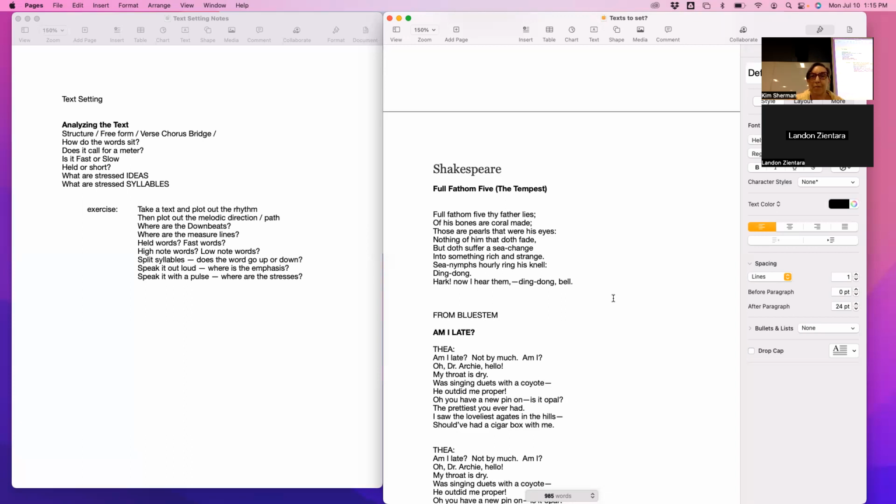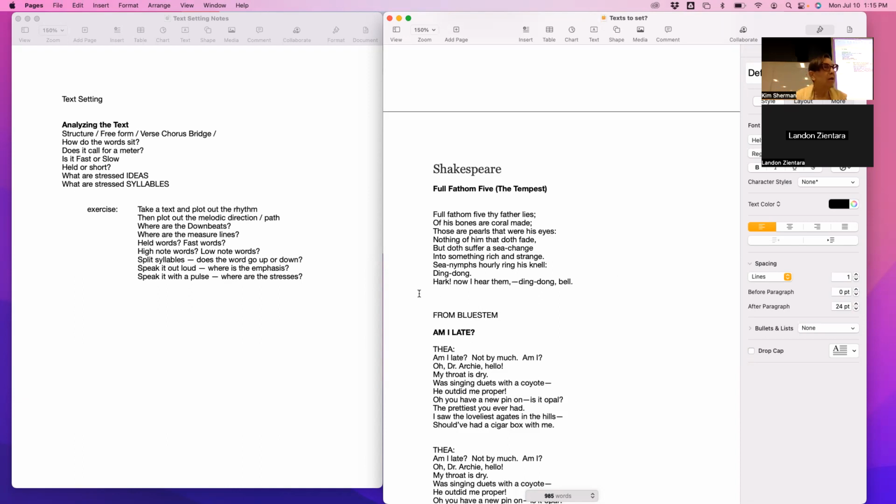To me, it's just a sad, mournful song. Full fathom five is depth. Thy father lies.